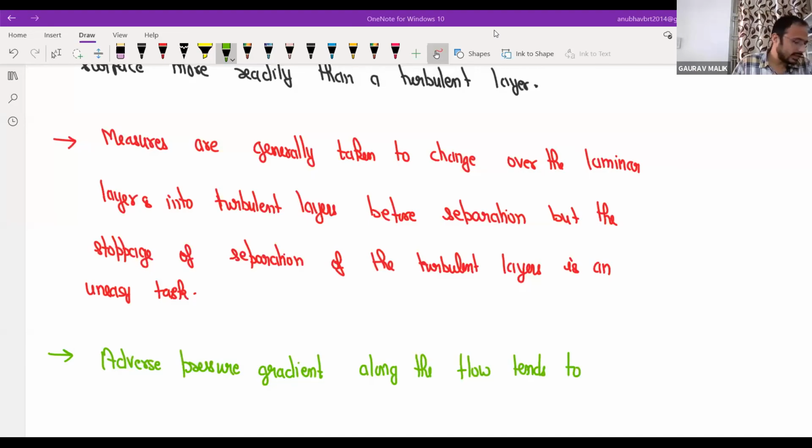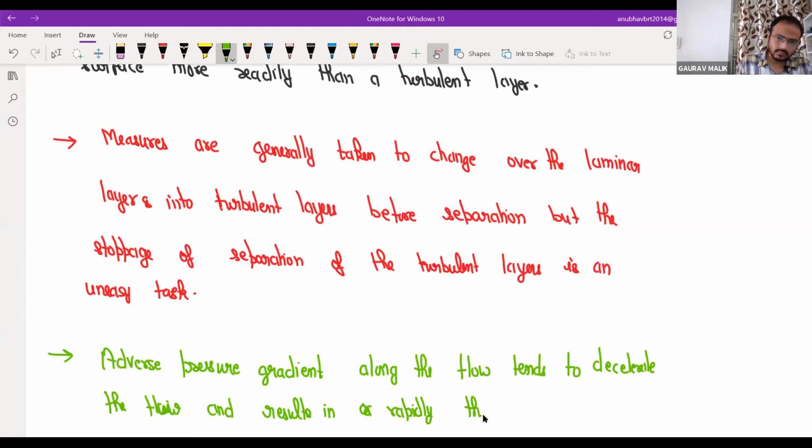Why? Very good. It tends to decelerate the fluid, or decelerate the flow, and results in a rapidly thickening layer.